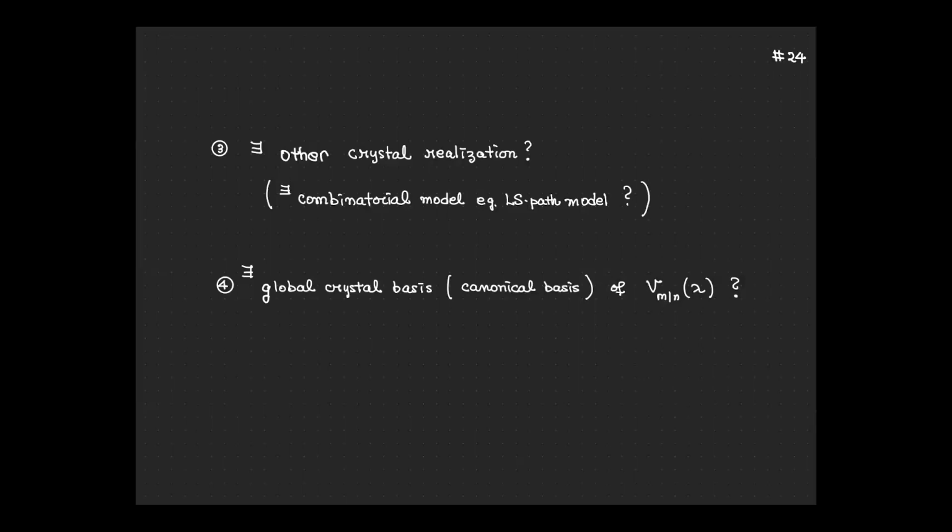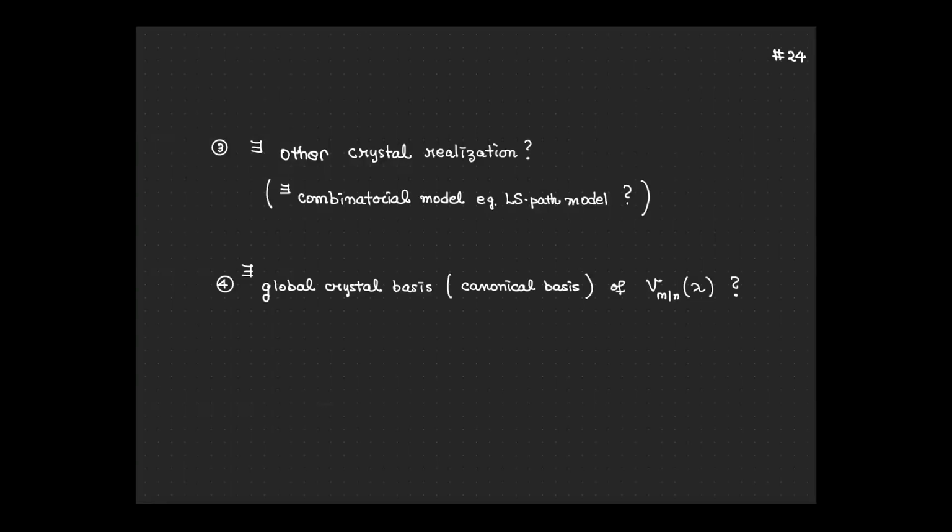But I don't know whether there is another construction of a natural basis for these irreducible polynomial representations, which is compatible with the crystal base of Benkart-Kang-Kashiwara, and also has some very good properties related to the structure of this irreducible representation.